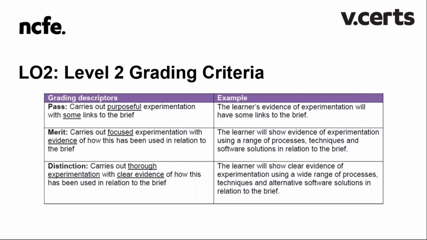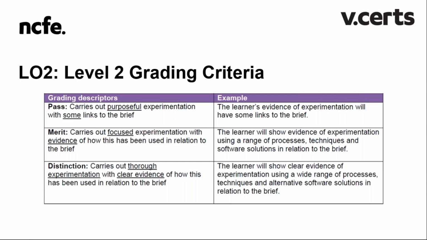So this is why that brief is really important. So, for example, they will use the given brief to plan their own experimentation in response to a theme. The brief that they're provided with should also include a target audience as outlined in the initial research in Learning Outcome 1.